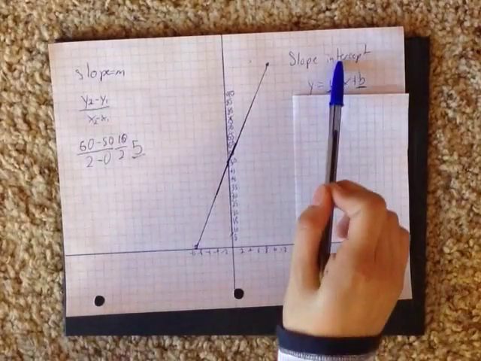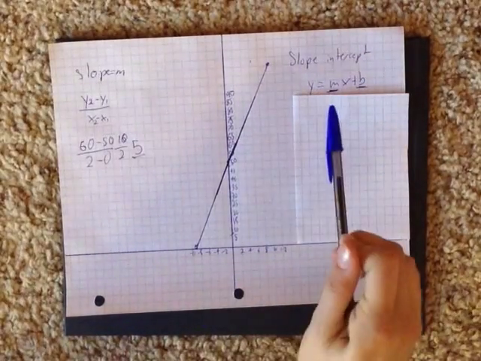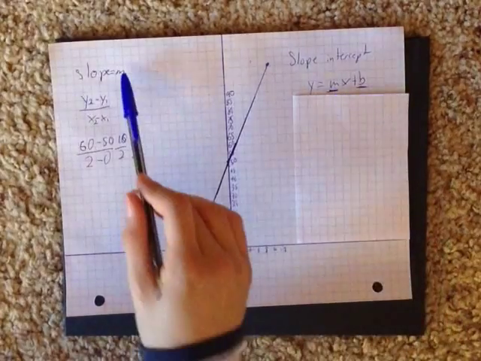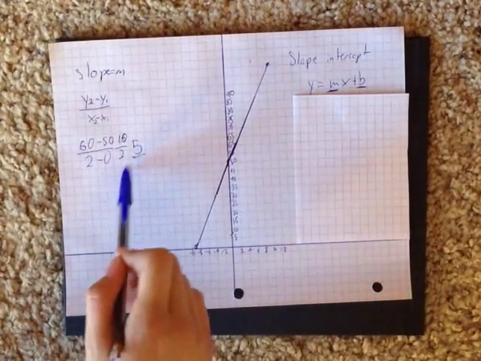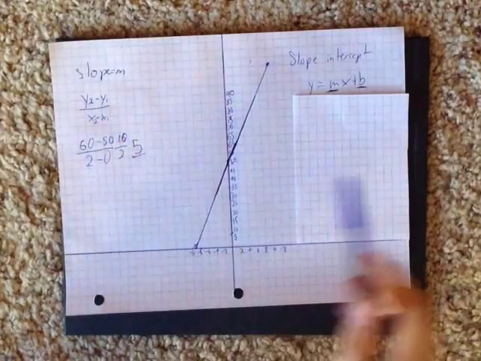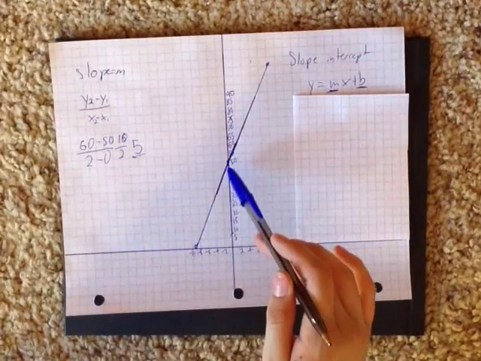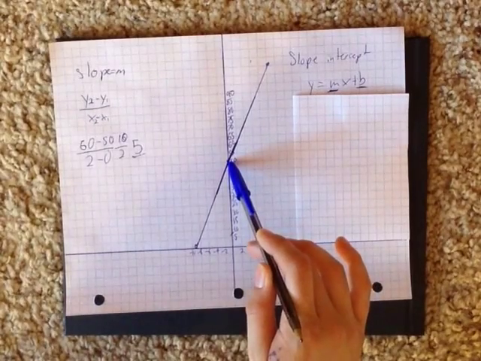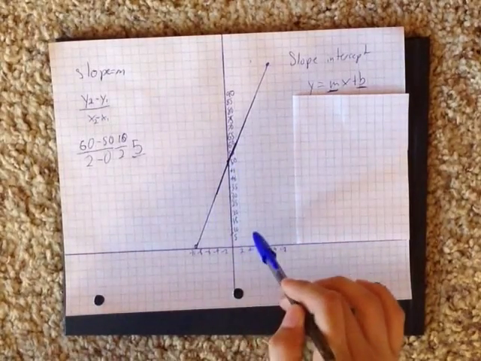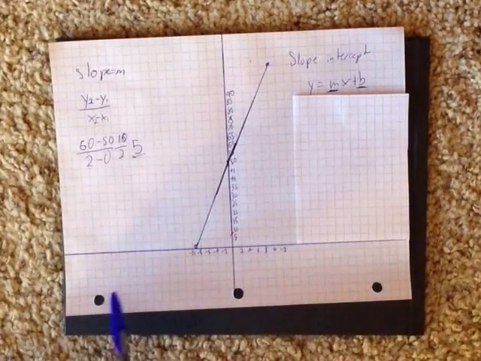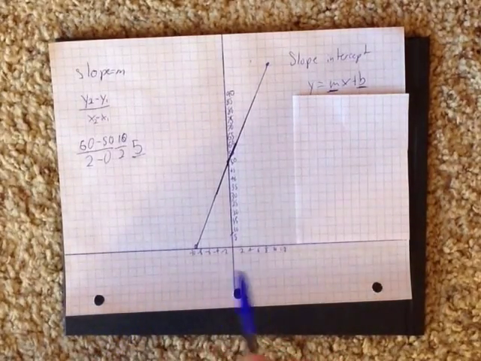We're going to find the slope-intercept form of this line. Remember, slope-intercept is y equals mx plus b. M is slope, and we have already found the slope to equal 5. B is the point at which the line will intercept the y-axis. For this problem, let's pretend the y-axis is a support beam and the x-axis is the ground for the roller coaster.